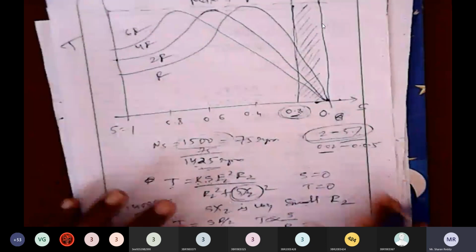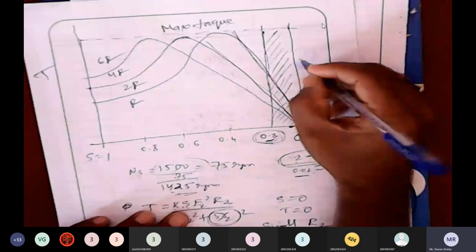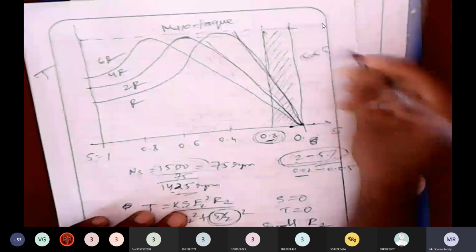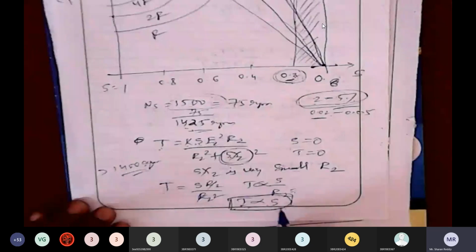That's why you get a straight line here. You observe that up to maximum torque, all the graphs are straight lines. This is the reason: torque is directly proportional to the slip under normal operating condition. How did we get this?